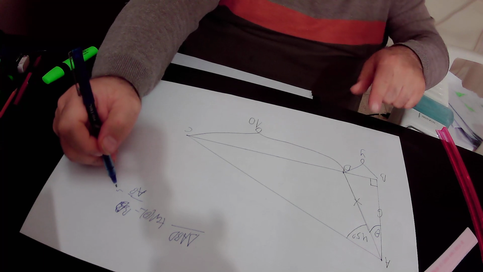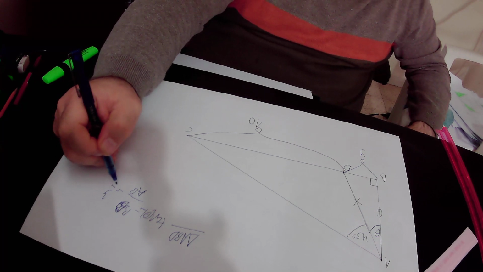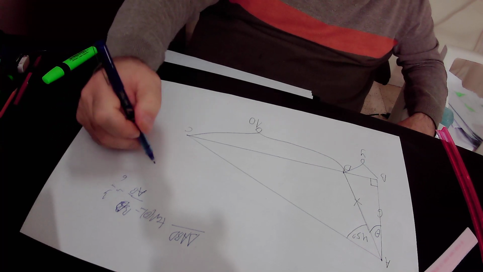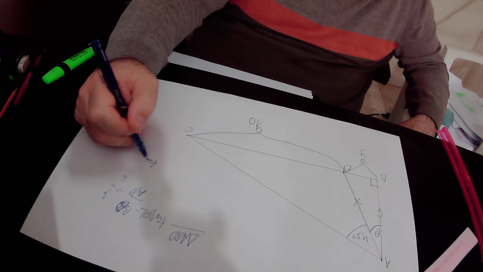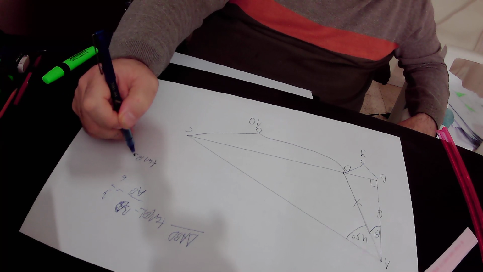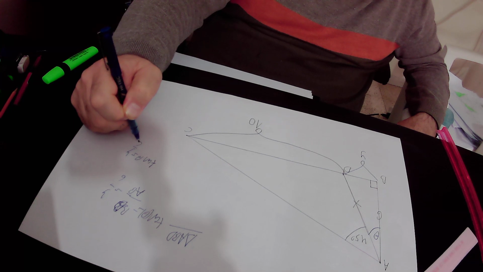BD equals y according to our definition, AB equals 6, so in conclusion we found out that tangent theta in the right triangle ABD is equal to y over 6.